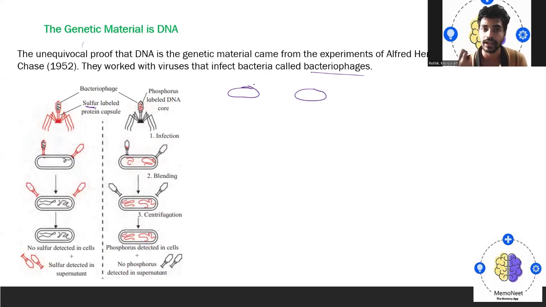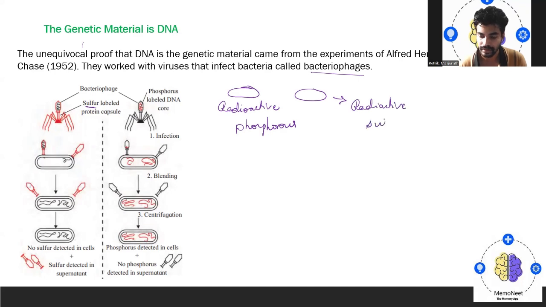In one medium they grew viruses with radioactive phosphorus, and in the other, radioactive sulfur.